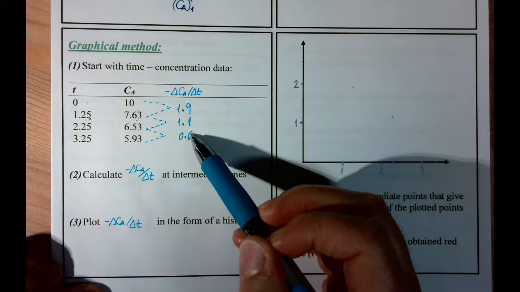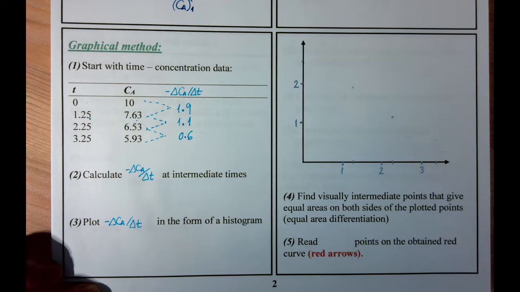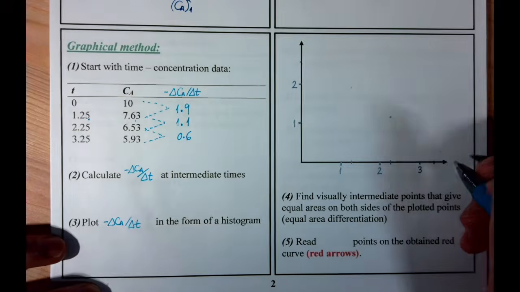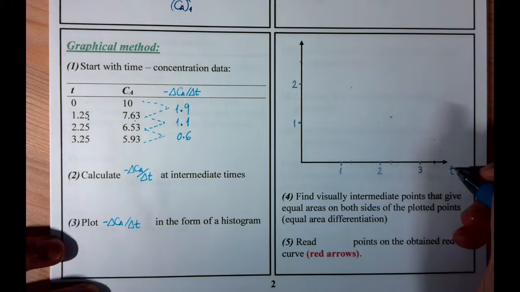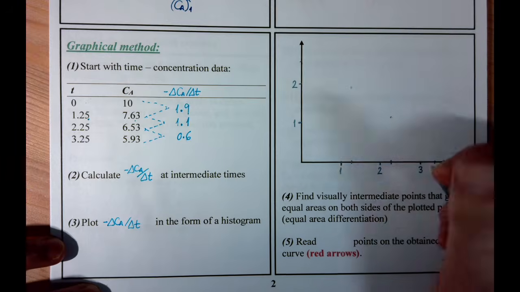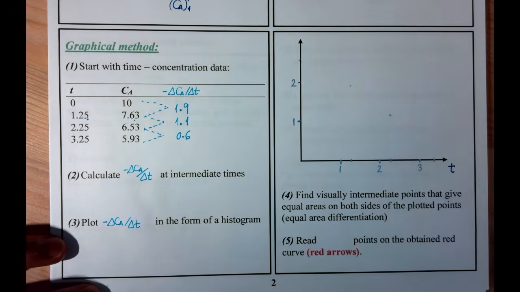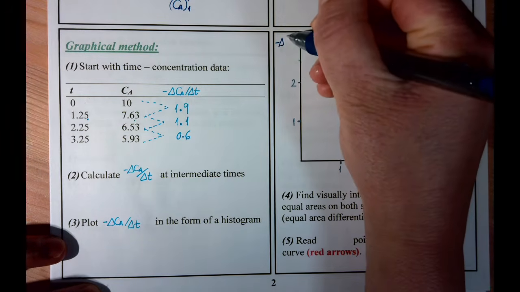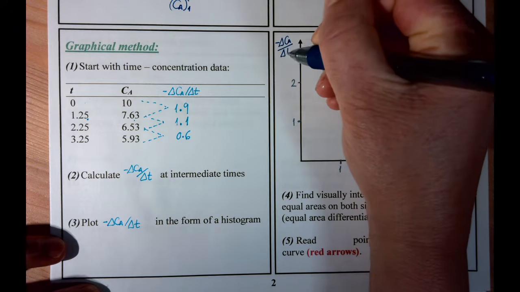In this example, we just have 3 points in the form of a histogram. So you would have an x-axis with time, and your y-axis would be negative delta Ca delta T.